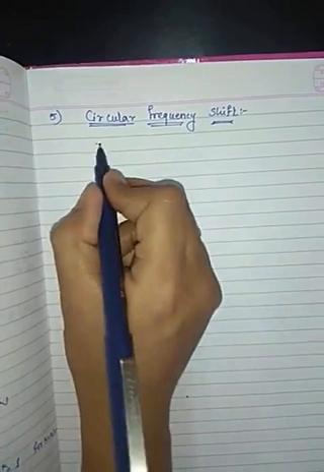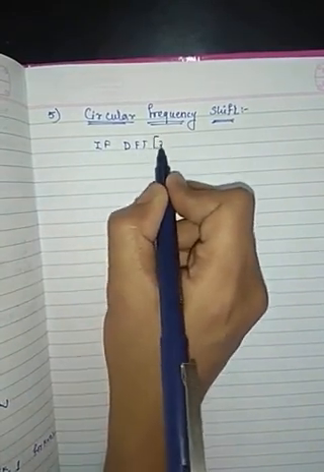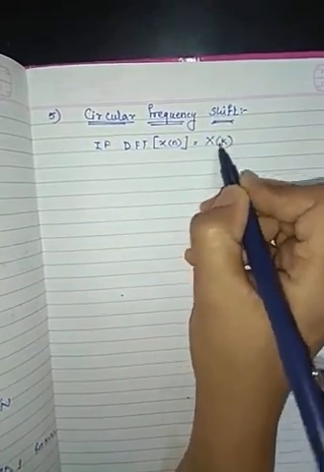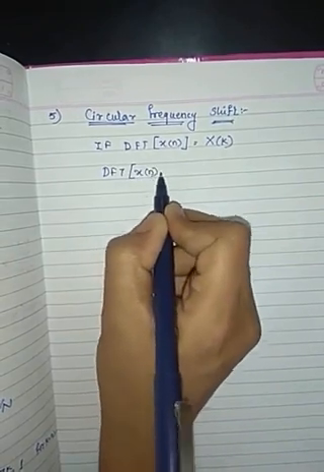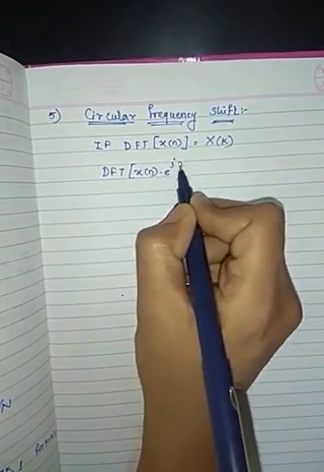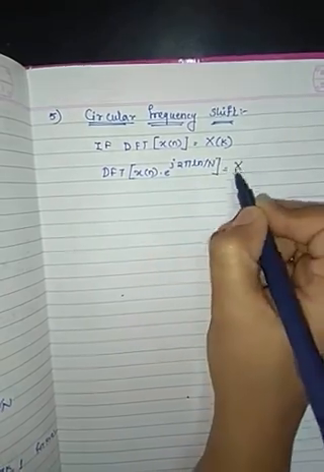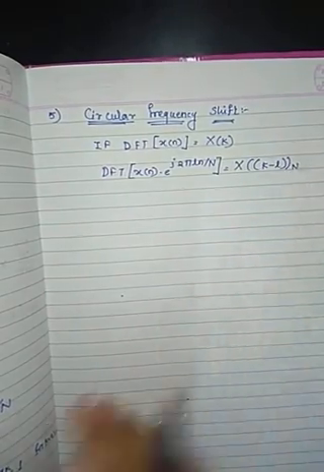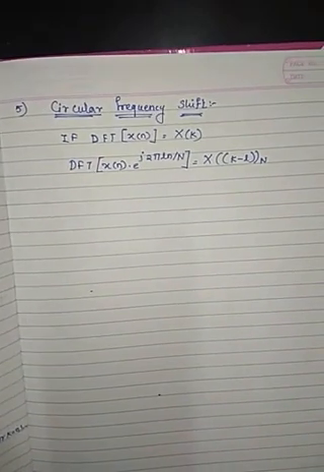If the DFT of x of n is given as X of k, then the DFT of x of n multiplied by e raised to j 2 pi ln divided by N is equal to X of k minus l modulo N. So this is nothing but the circular shift property. How to prove this?